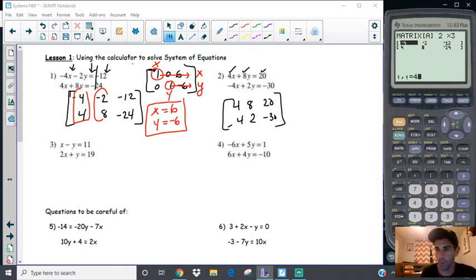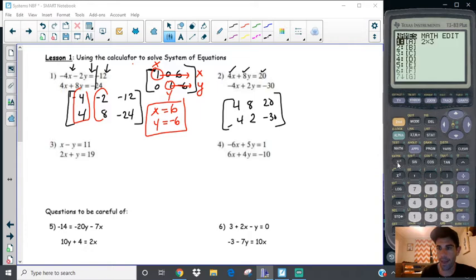So I would do 4, enter, 8, enter, 20, enter, -4, enter, 2, enter, -30, enter. Once I do that, I'll double check, make sure I didn't miss a sign. Quit, second mode. Okay.